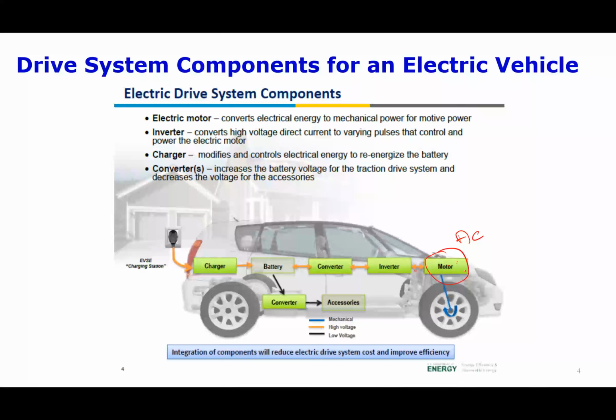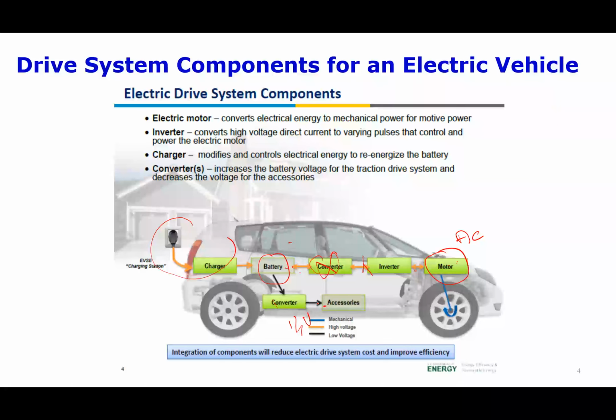The battery is the source of electric power in an electric vehicle, and this converter converts the battery voltage to the required voltage at the input to the inverter. But sometimes we may not need this converter. We can directly connect the battery output to the inverter, and the battery has to be charged from a charger. Also there is a DC-DC converter to charge the 14 volts battery in the vehicle.